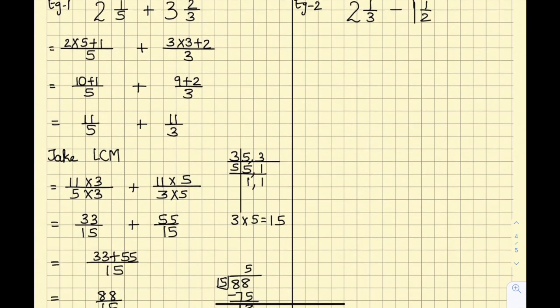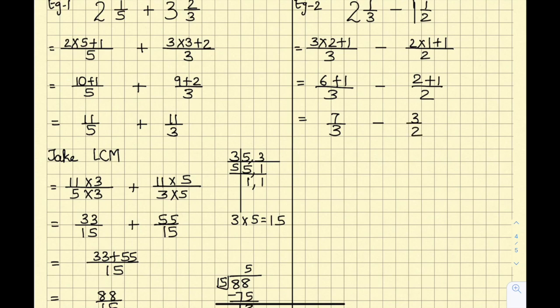So here also we convert the mixed fractions into improper fractions first. 3 multiply 2 plus 1, denominator 3, minus denominator 2 as it is, 2 multiply 1 plus 1. 3 twos are 6 plus 1 over 3 minus 2 ones are 2 plus 1 over 2. 6 plus 1, 7 over 3 minus 2 plus 1, 3 over 2.